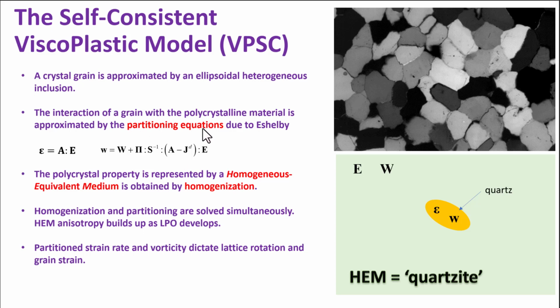So solving the partitioning equations and homogenization equations simultaneously leads to this self-consistent model. As deformation goes on, the homogeneous equivalent medium, which represents the quartzite as a whole, will develop anisotropy due to LPO development, and that is considered self-consistently in the model. Partitioned strain rate and vorticity, that is the local field, will determine the lattice rotation of that grain and the strain of that grain.